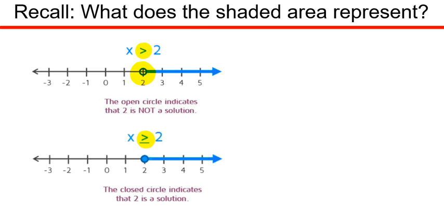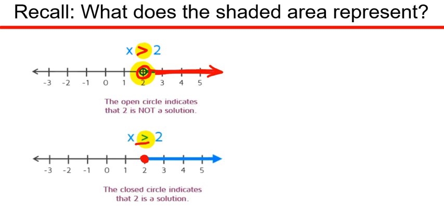Because there's an underline here, that meant that I had to use a closed circle when I went to my starting point. And then of course we had to shade in the direction of the arrow.